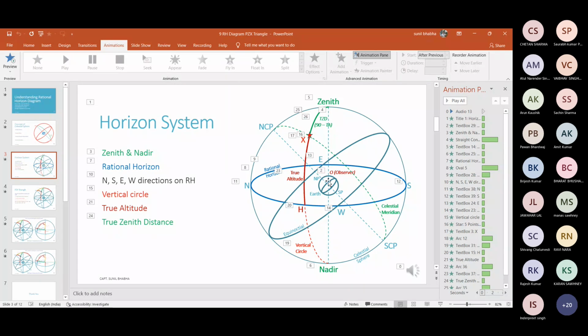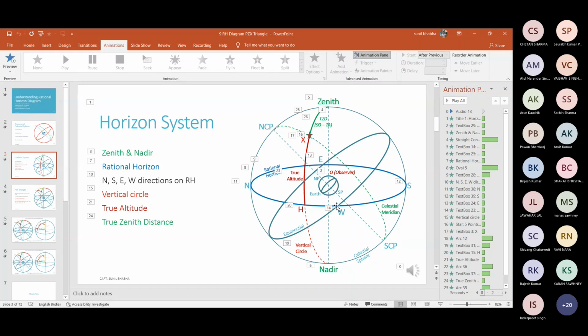We found out that it is based on the observer's position. We obtained the zenith and the nadir. Then we obtained the rational horizon represented by NESW. We found out how these directions are marked on the rational horizon: north, east, south, and west.